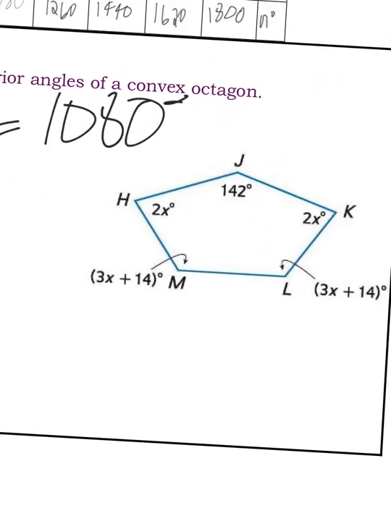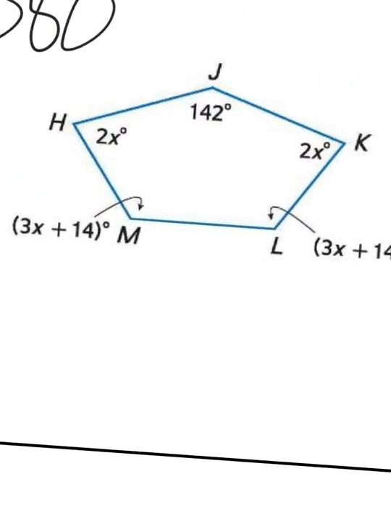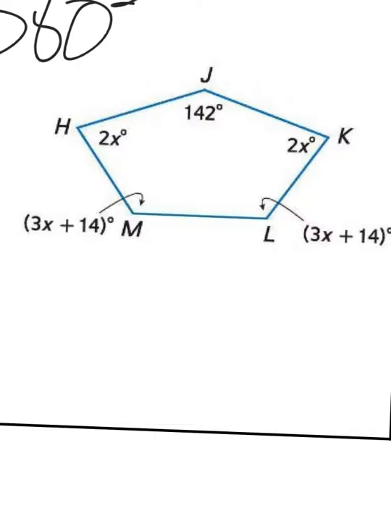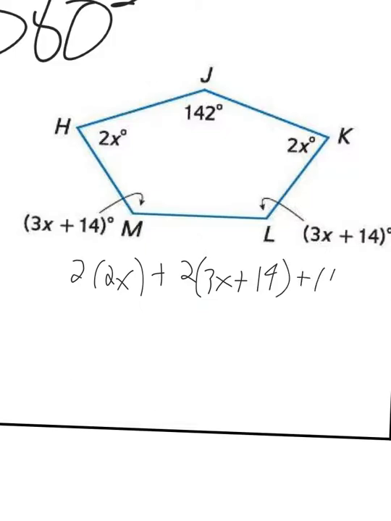I'll just do it right here so I don't have to go back and forth. How many sides do I have that are 2x? I have 2 sides that are 2x, plus I have 2 sides that are 3x plus 14. And then I have 1 angle that's 142 degrees. And that should all equal 540 degrees.